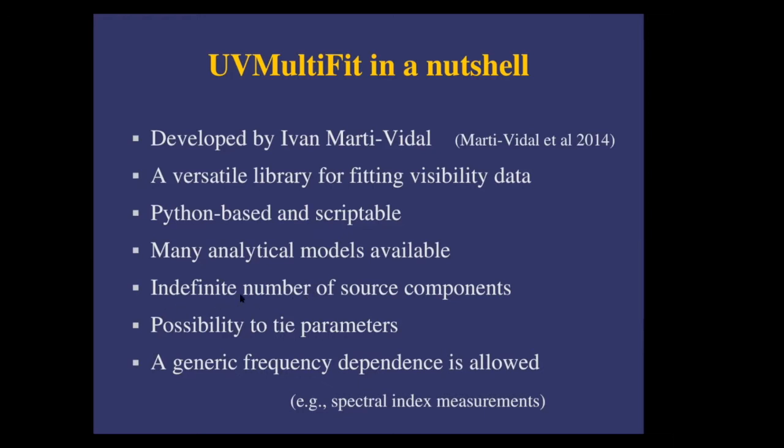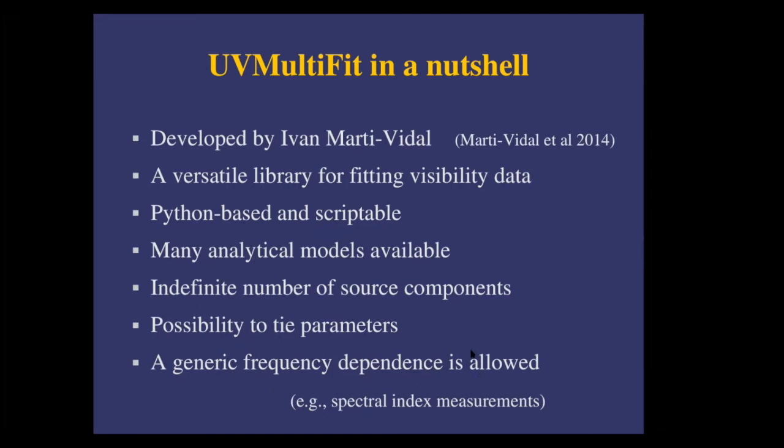You can set an indefinite number of source components. You have the possibility to tie parameters of these source components. And you also have the possibility to use frequency dependence in your models, for example, if you want to do spectral index measurements.